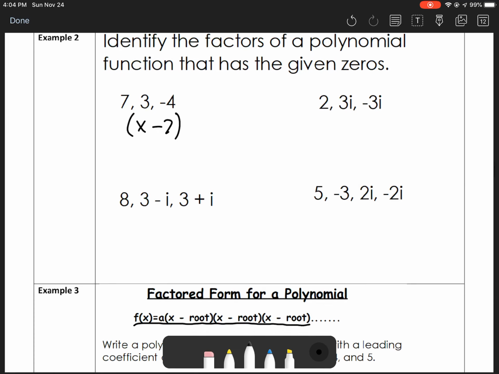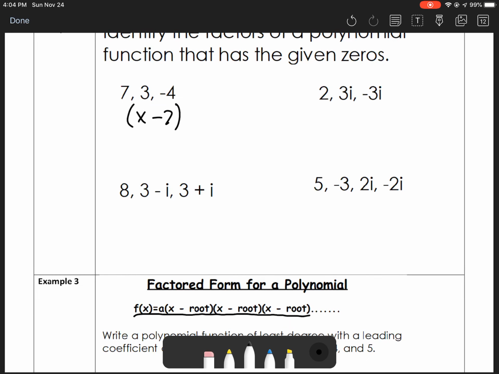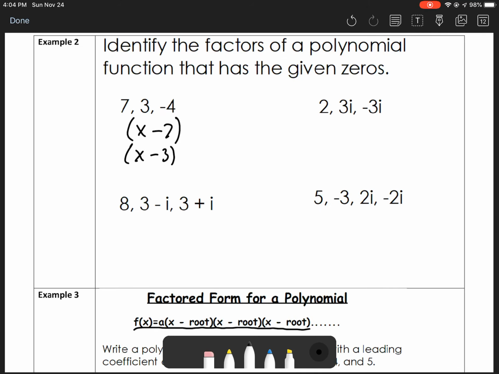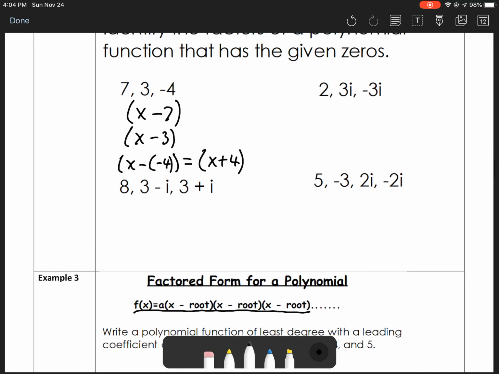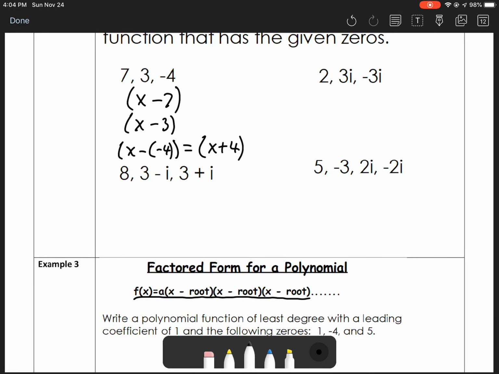It's basically the opposite sign. And then if we have 3, that would be x minus 3. And then our last zero is negative 4. If we plug in a negative, it's going to be x minus a negative 4, which ultimately becomes x plus 4. So it's again the opposite sign of negative 4.